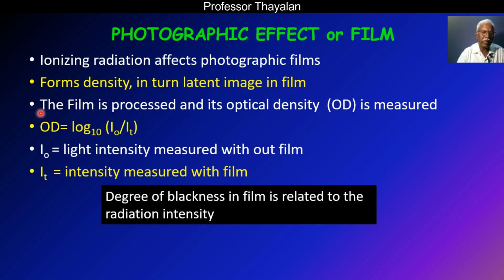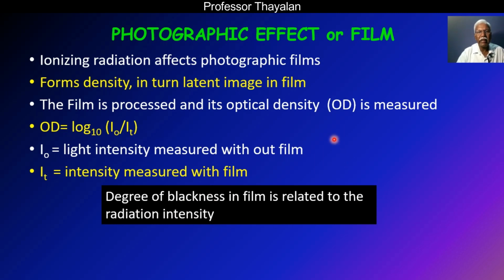So the optical density we measure is equal to log to the base 10 of I0 by IT. What is I0? I0 is the light intensity measured without film. What is IT? IT is the light intensity measured with the film. Therefore the degree of blackness in the film is related to radiation intensity.